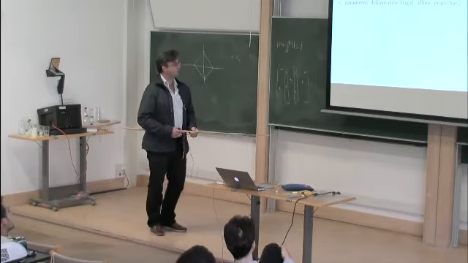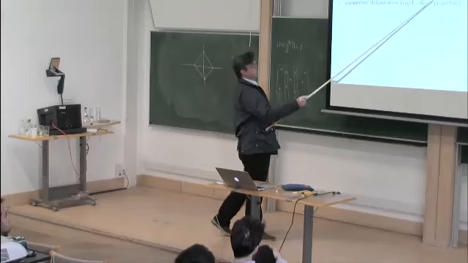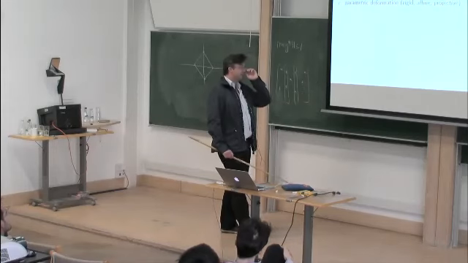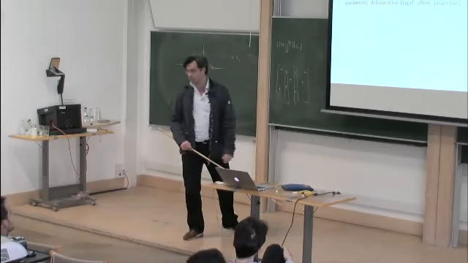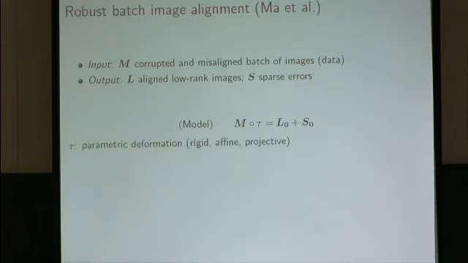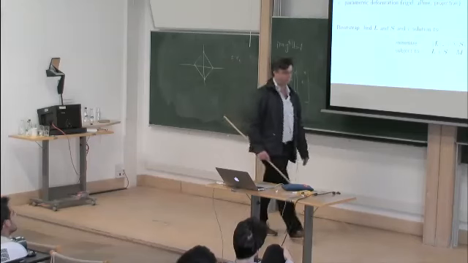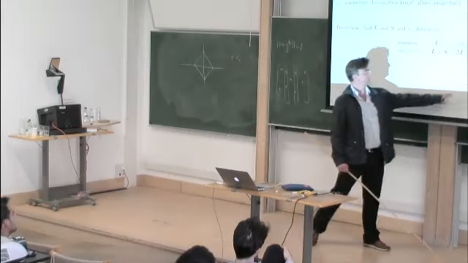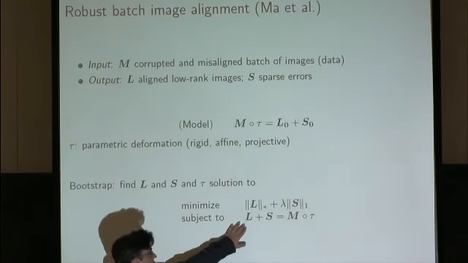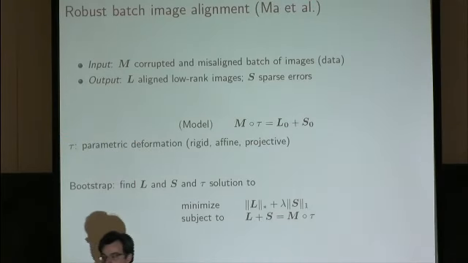So maybe my model is correct only after some rigid or projective or affine transformation. So what do my colleagues from Microsoft Research do? They say, well, why don't we just try to do everything at the same time? Let's try to find a deformation such that after deformation I'm as low rank plus sparse as possible.